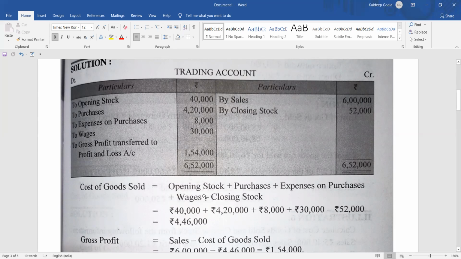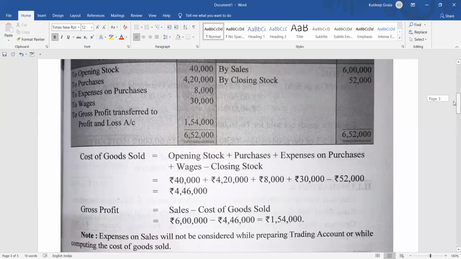Now to make the calculation: opening stock was 40,000 plus 4,20,000 purchases, 8,000 expenses on purchases plus wages 30,000 minus the closing stock of 52,000. The answer comes to 4,46,000. Clear? This is the cost of goods sold, right?